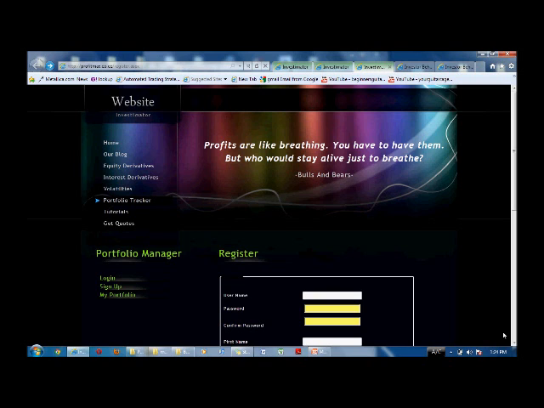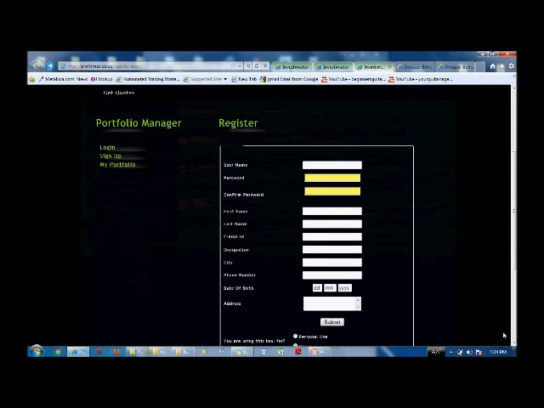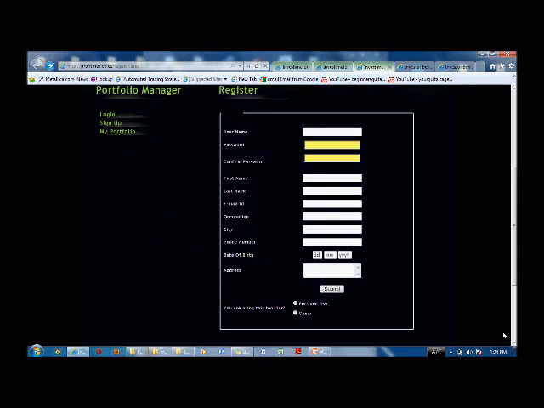The web application consists of a personalized user system. The page in front of you shows the registration page. The user can come, enter his details and make his personalized account. In the end, you can see the question that we have asked: are you using this tool for personal use or gain?